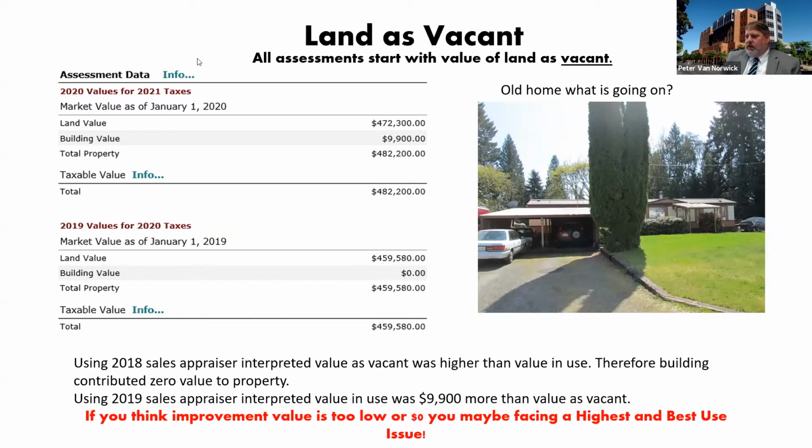The other thing that I want to talk about in mass appraisal is that everything in mass appraisal starts with the value of land as vacant. So when we go out and value property, we have to value everything in equity.